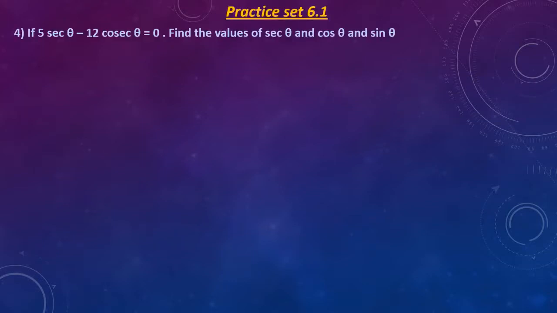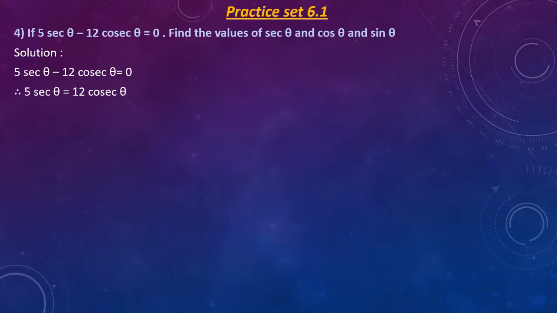Let us see similar types of sums based on solved examples. Practice set 6.1, fourth question. If 5 sec theta minus 12 cosec theta is equal to 0, find the values of sec theta, cos theta and sin theta. So the solution part: 5 sec theta minus 12 cosec theta is equal to 0, which is already given in the question.